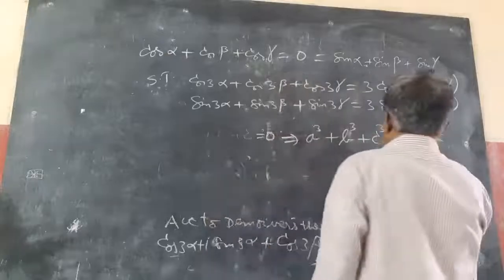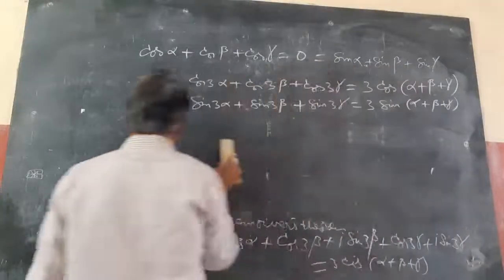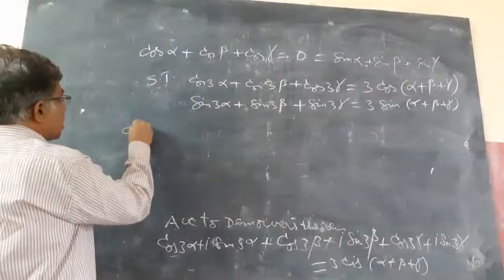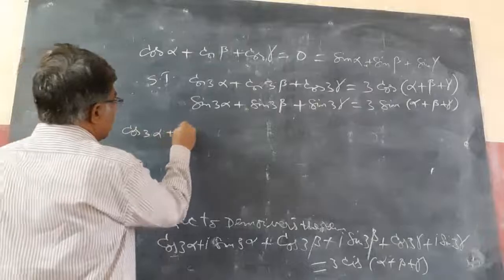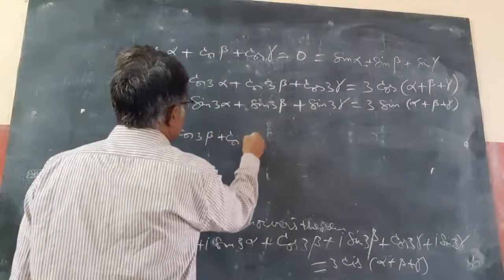Very simple from here, only one step to separate. Now grouping, the real part becomes cos 3 alpha plus cos 3 beta plus cos 3 gamma.